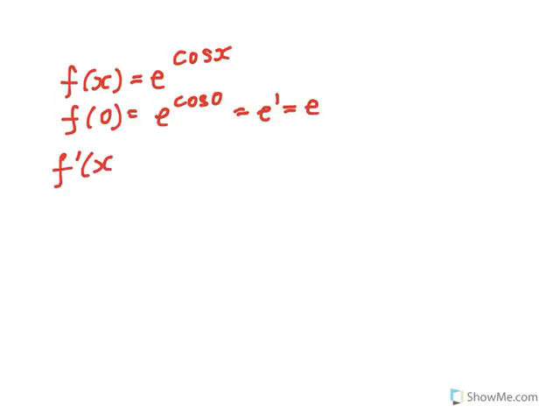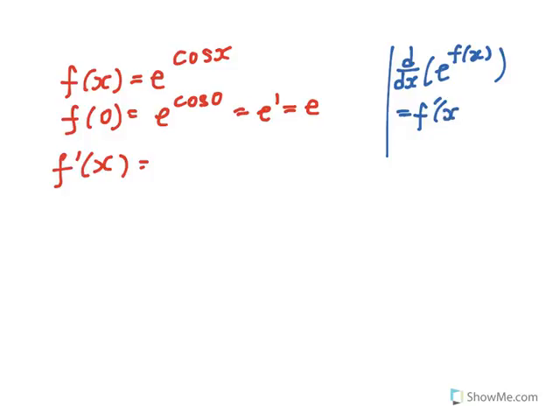For f'(x), remember, when we differentiate e to the power of f(x), this will give us f'(x) times e to the power of f(x). Then we differentiate our cos, which gives us negative sine x times e to the power of cos x.